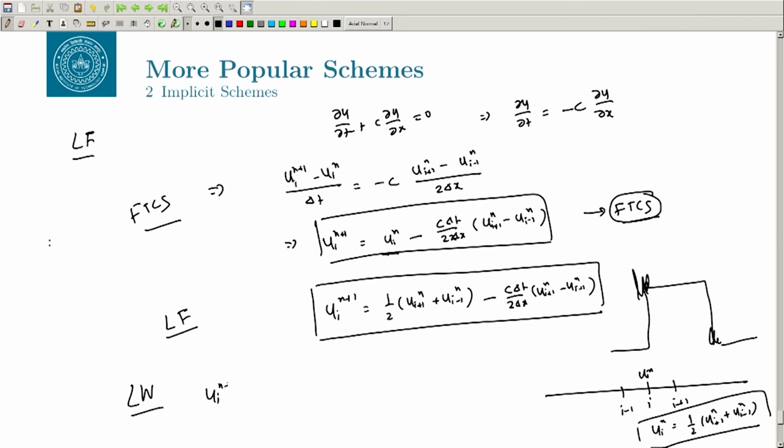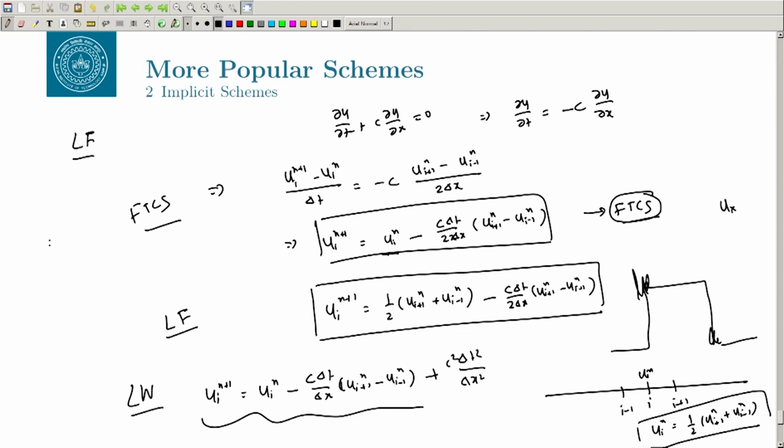This is u_i^(n+1) will be u_i^n minus C delta t by delta x times (u_(i+1)^n minus u_(i-1)^n), and then you add some basically numerical diffusion, because this is not stable by itself. So, delta t square by delta x square, and if you are adding a diffusion, the diffusion terms are normally the second order accurate terms, that is basically u_xx, or del u by del x square.